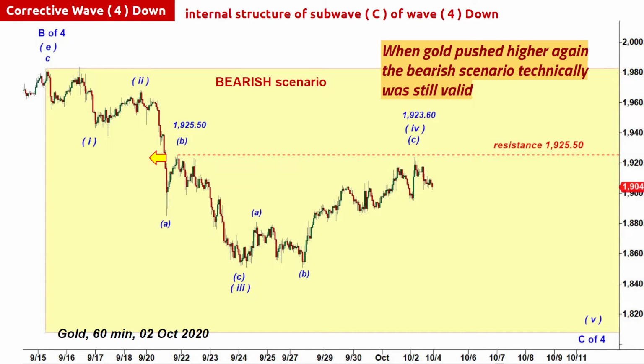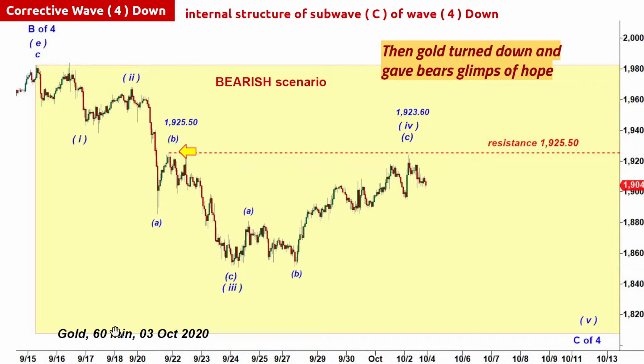And this is when I started to think more and more that probably gold has already bottomed. October 3rd, it seemed like gold finally turned down, and we can see that the high of that wave 4 was 1923.60, which was only marginally lower than 1925.50, the critical resistance.